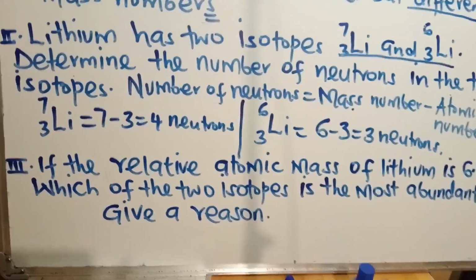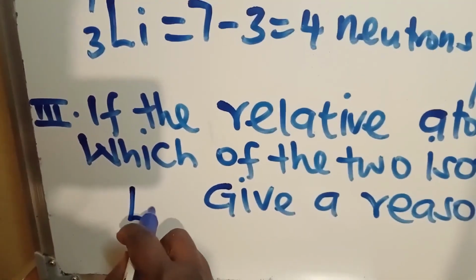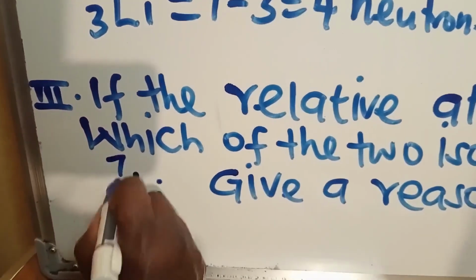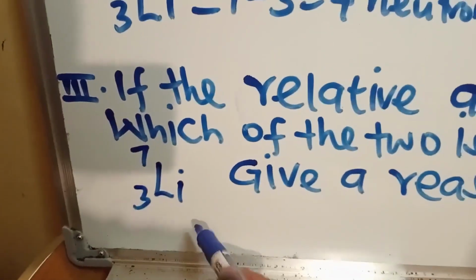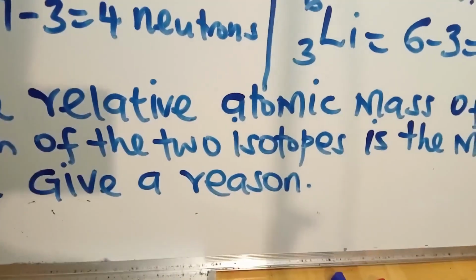So in our case, the answer to this question is that the most abundant isotope is lithium-7. So you write it as that. So we go to the reason.